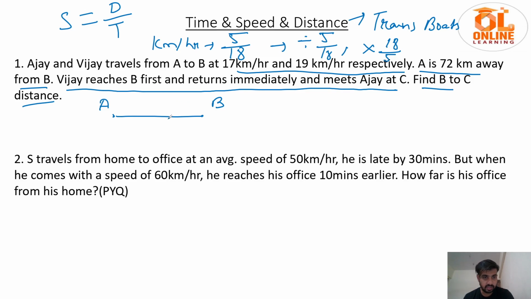The total distance is 72 kilometers. Ajay is going from A to B. Vijay reaches B and returns immediately and meets Ajay at C. So Vijay goes there, returns, and meets somewhere at C. At that time Ajay has traveled only this distance.